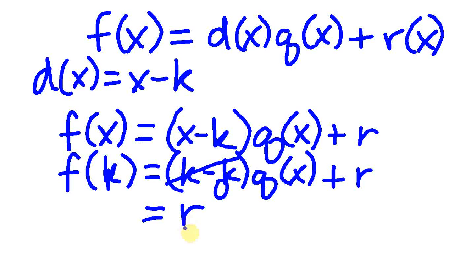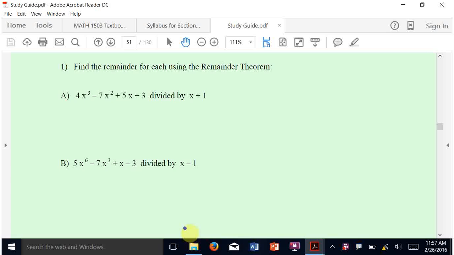Okay, well, let's see this in action. Okay, you want to use the remainder theorem to find the remainder when this dividend is divided by a divisor of x plus 1. So what you can do is this dividend, we'll call f, and we'll plug in a k value.